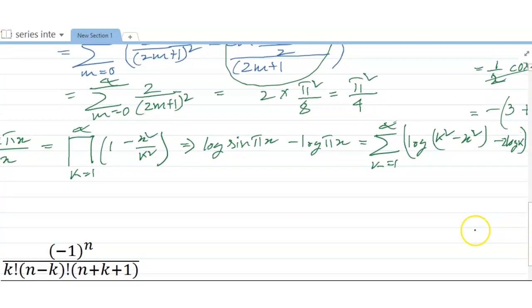This is the formula. After that, we differentiate both sides with respect to x. I apply d/dx here.